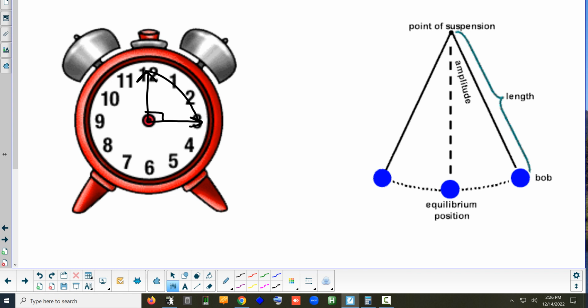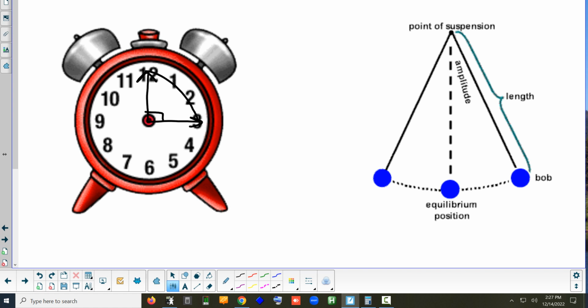So that means every hour is how many degrees? 30. 30, 60, 90, 120, 150, 180. So you can easily figure out the angle on a clock. They're not going to give you one like 12:30 or something. It's either going to be right on the 12 or right on the 3 or the 4. So you can get the angle knowing every hour is 30 degrees.